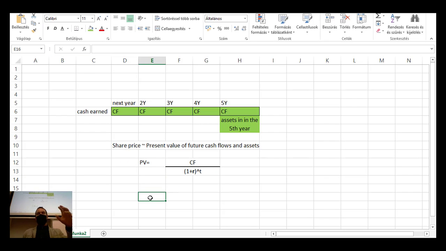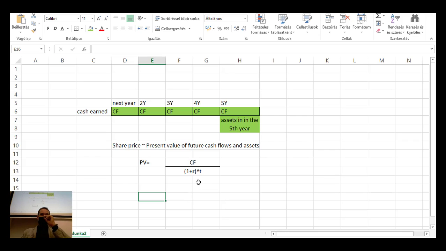And if the interest rates are going down, like nowadays, or during the last decade, it means that the present value of future cash flows will increase rapidly. Because this is how mathematics works.